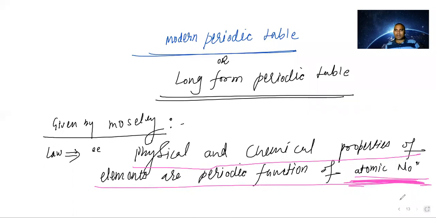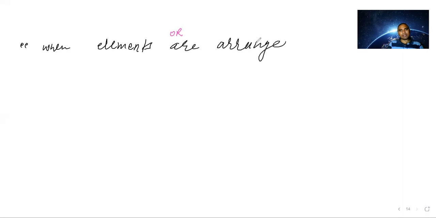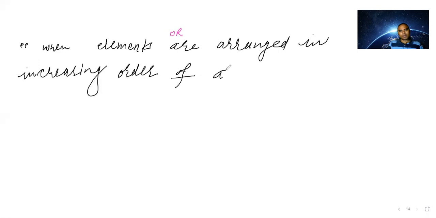Okay, good. Now I am changing this another way. The same law can be represented in a different format. How? When elements are arranged in increasing order of atomic masses, no, not atomic masses, it will be wrong.